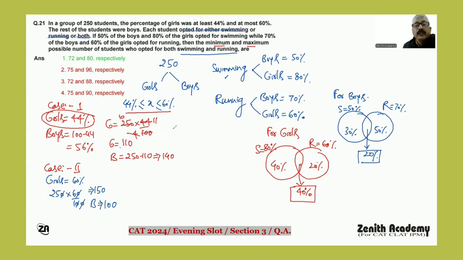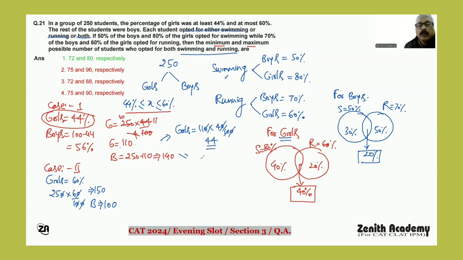In the first case, for swimming and running both, girls 40%. Correct. So for swimming and running both, the girls will be 40% of 110, means 44.